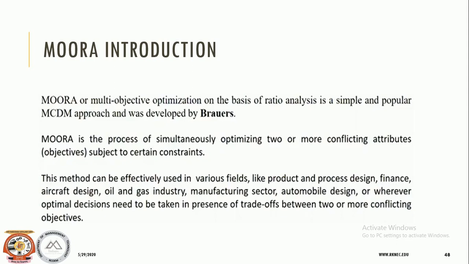For the benefit criteria, we divided each value by the maximum value in the respective column. But here in the MOORA method, that is not the case. For every column value, you are not supposed to differentiate between the cost criteria and the benefit criteria. The normalization method remains the same.